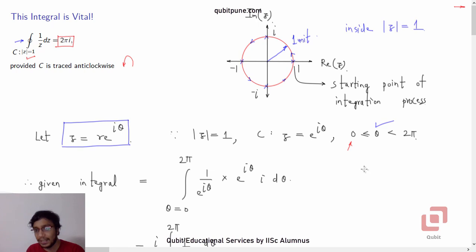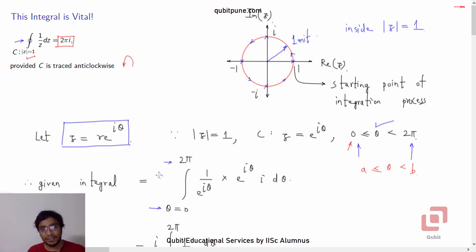So theta has to lie between A and B, or you may also write it as less than B because it is a closed curve. Then B must be 2 pi, because you are completing a full circle once, and A is equal to 0. So as far as limits are concerned, everything is clear. Theta is going from 0 to 2 pi.